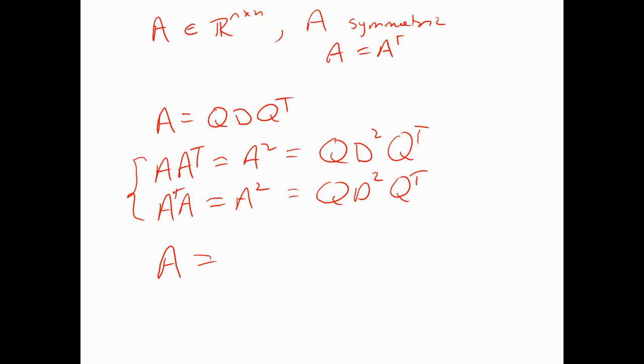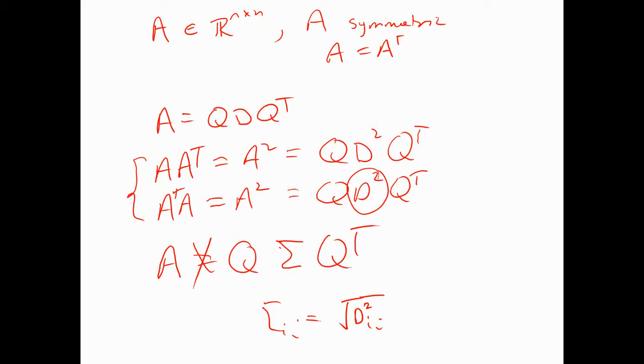So as an example, you can't just write A equal to Q times the matrix D squared. If I were to construct sigma for this, I would take the square root of the entries of D squared, so sigma_ii is equal to the square root of D_ii squared, which of course is just equal to D_ii. This is not true.